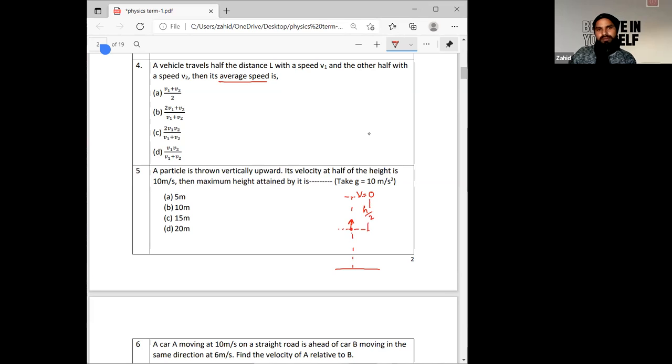So just use the third equation of motion. V squared equals u squared minus 2 gravity into height. So this 2 and this 2 will cancel out. 10 into H is equal to 100. So H will be just 10 meter. Good.